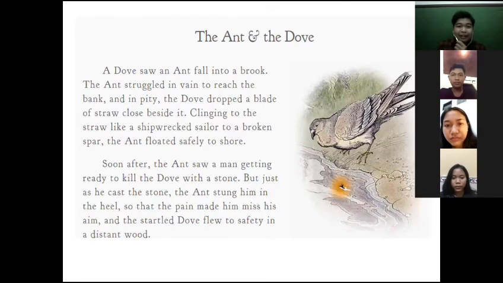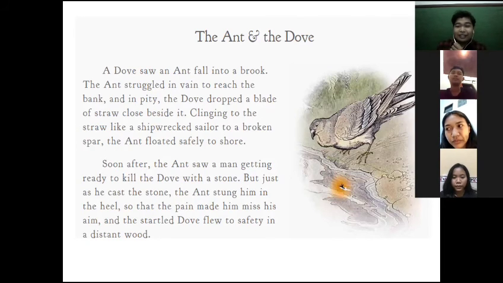Well, before we end the meeting, I want to give a conclusion about today's lesson. Today we learned about narrative text, which tells a story, and the purpose of the narrative text is to entertain the reader and also give education to the reader.